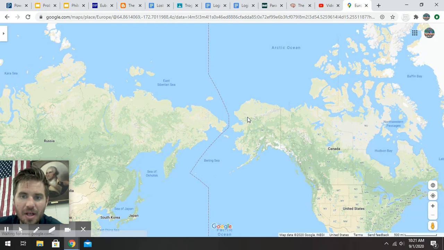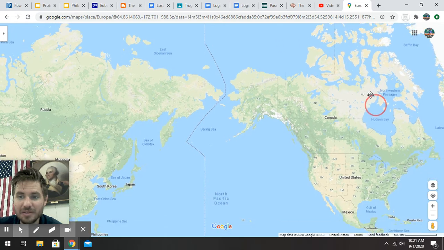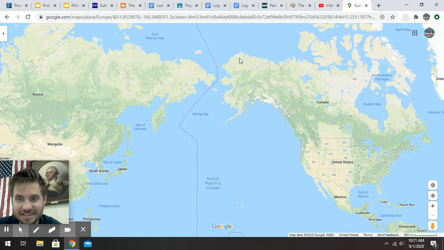Also, something that sometimes we don't think about, Alaska is the largest state in America. When you look at this map, you can really see how large it is. It is about the size of half of the continental United States. But that's kind of besides the point.